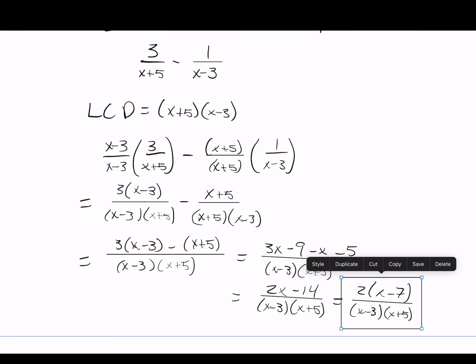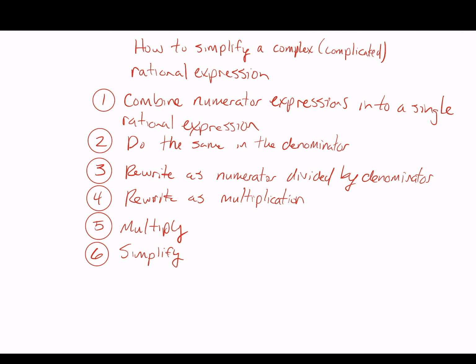Now let's simplify a more complex rational expression. So what happens if we have a really complicated rational expression? Please note that complex here does not mean complex or imaginary numbers. This means complex like complicated.